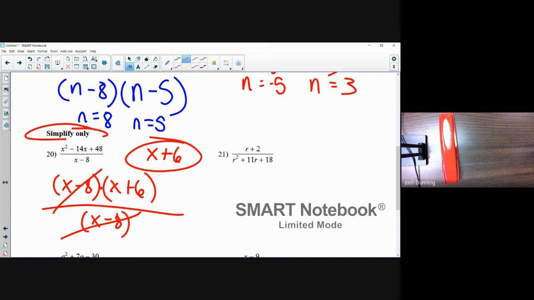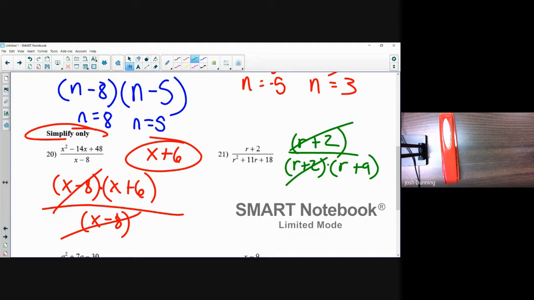21. The top, we can't do anything with. The bottom, 2 times 9 is 18. 2 plus 9 is 11. So we use 2 and 9. Same thing. Hey, we just changed that into multiplication. So now that fraction, which means divide, does cancel out that multiply. So I can just cancel that out.